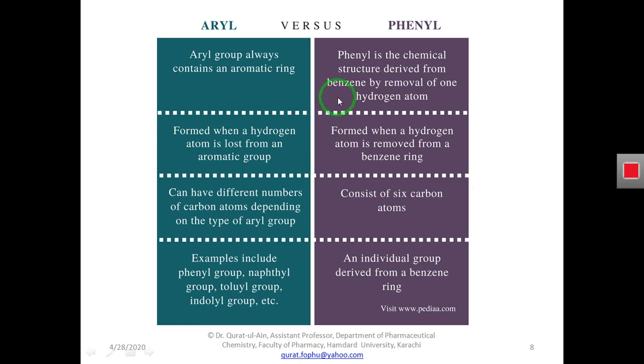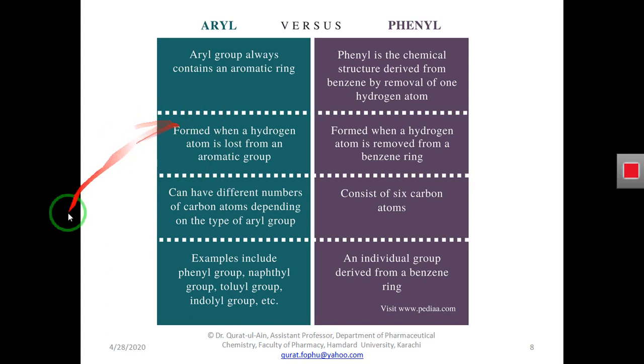Means if we remove one hydrogen atom from the benzene ring, we will call this molecule a phenyl group. But an aryl group has an aromatic ring, not strictly the benzene ring, from which one hydrogen atom is removed.